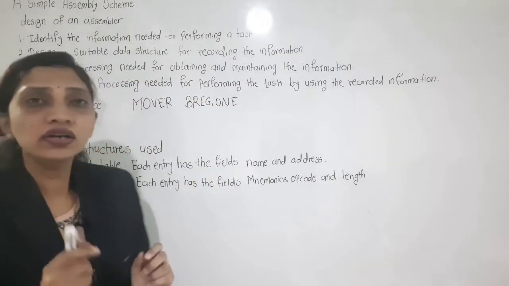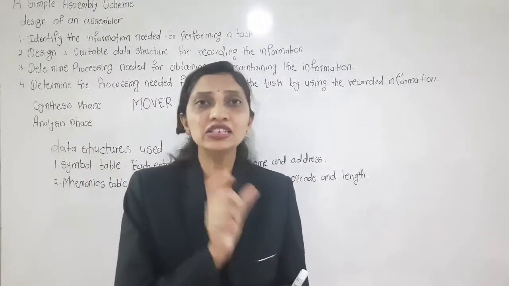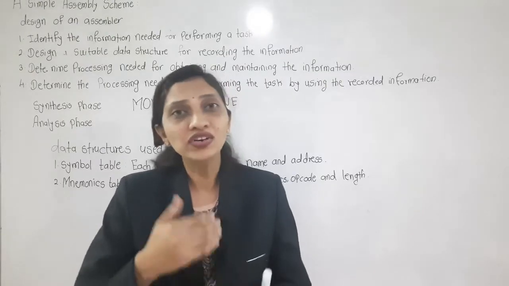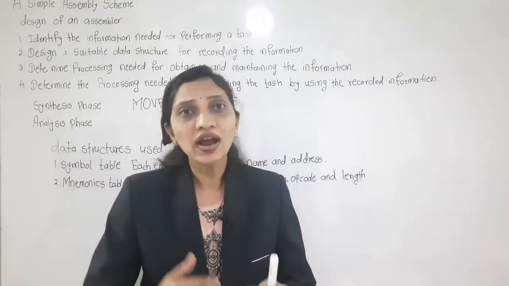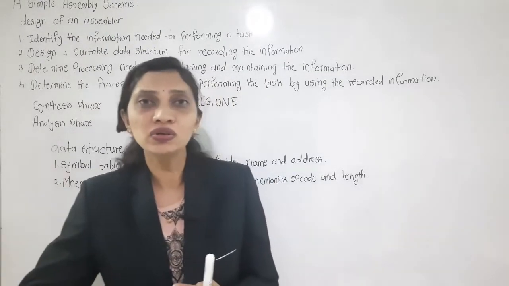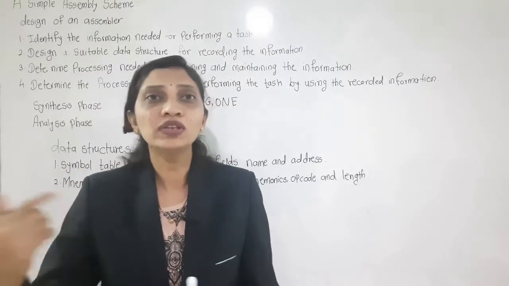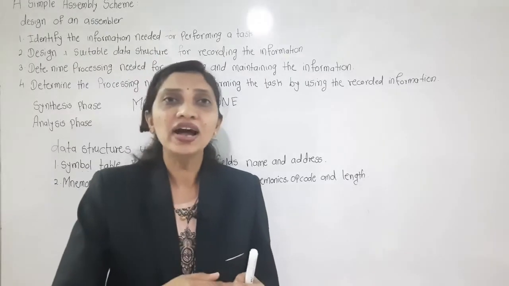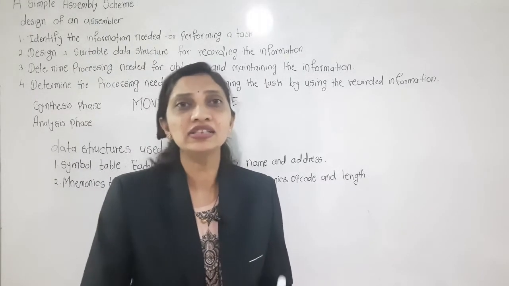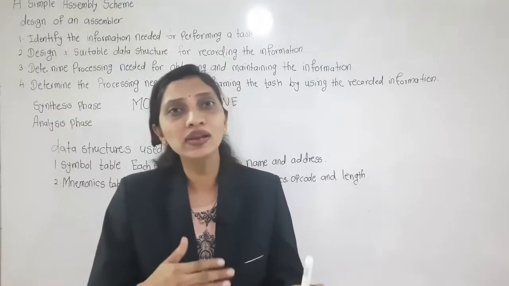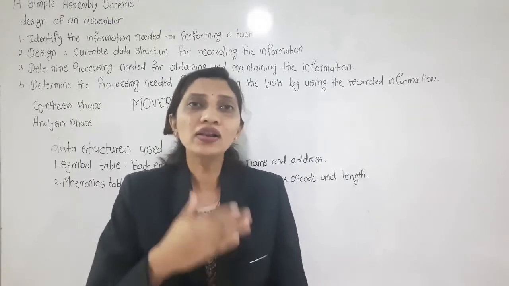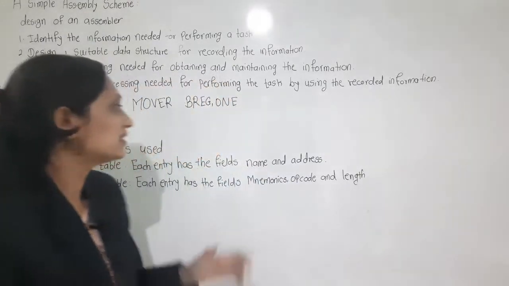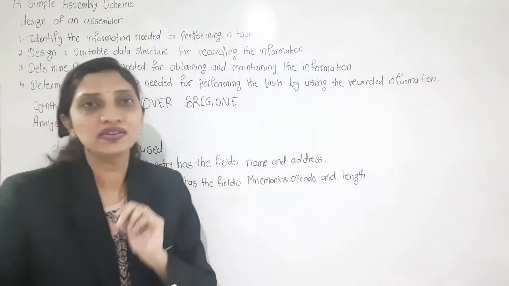Suppose in a START statement you are given START 200, then the first statement after the START is stored at location 200, and after that the next instruction is given address 201, 202 like this. In this way all the instructions are given the corresponding addresses.